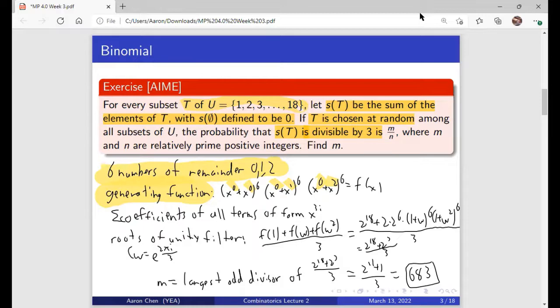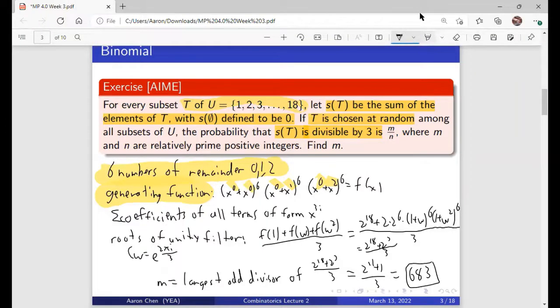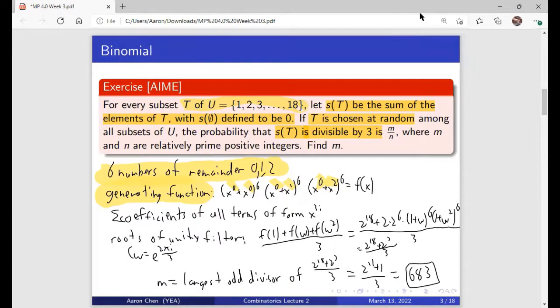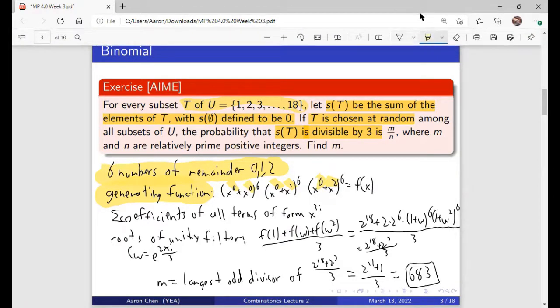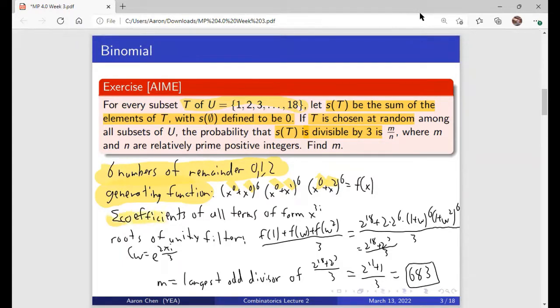We will also define this as f of x, just for the sake of convenience when writing it later, although generally generating functions are given as f of x or something of the sort. Now what we want to find is just the sum of the coefficients of all terms of the form x to the power 3i, where i is some integer.